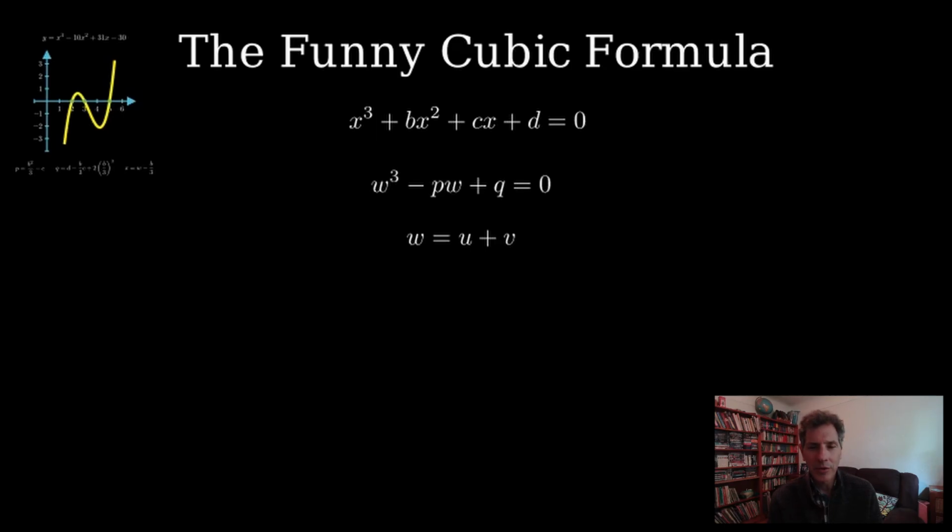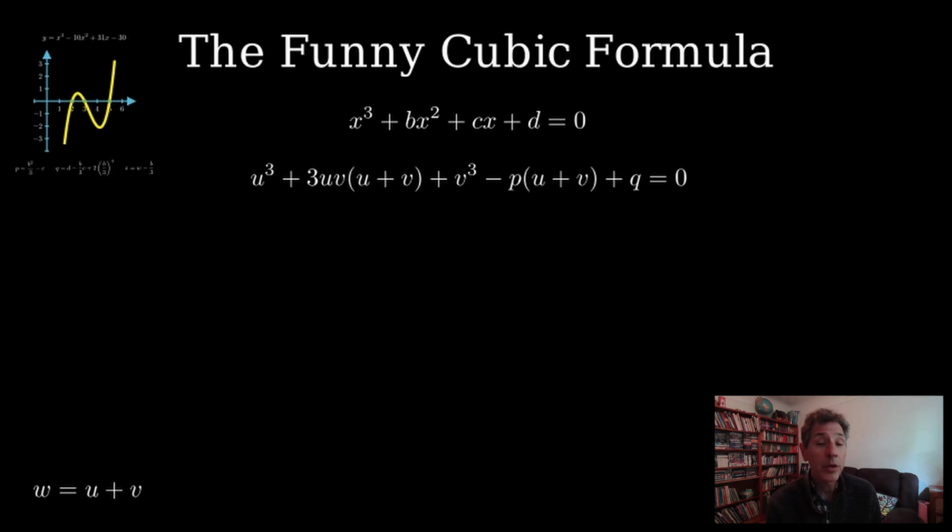So let's substitute u plus v back into our cubic equation for w and cube out the first term. Then we factor out 3uv from the middle 2 terms. Here we notice that u plus v can be factored out of 2 terms, and so we do this and arrive at this expression.